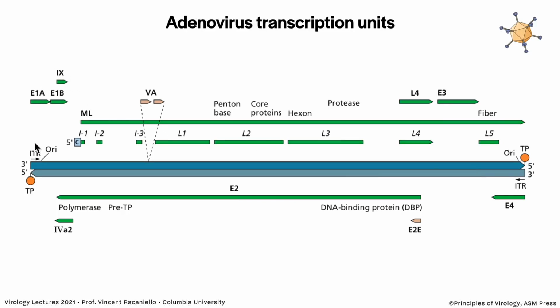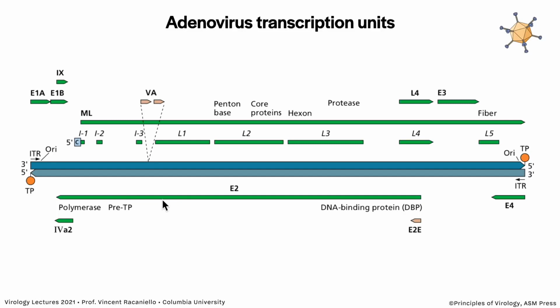Here we have at the left end the immediate early promoter, from which you get E1A and E1B made. And I just told you what E1A does, frees up E2F so that now you can get the early region transcribed. That promoter is actually on the bottom strand here. Here's the E2 region. And that includes the DNA binding protein and the DNA polymerase and a primer, all these things you need for DNA replication.